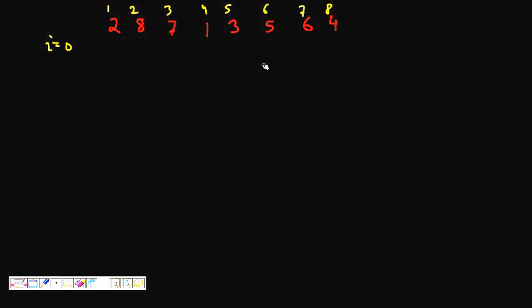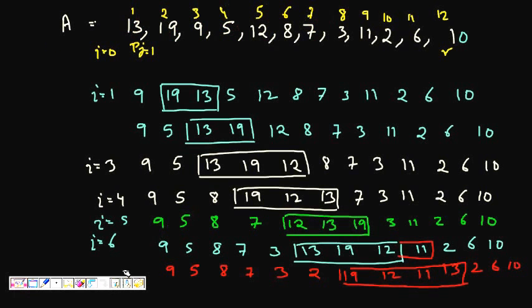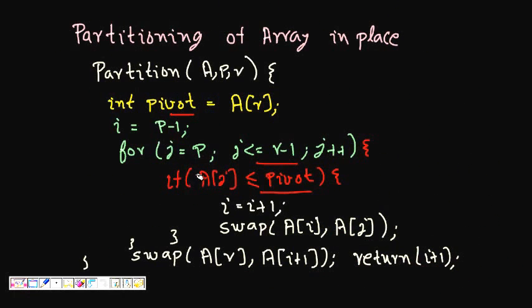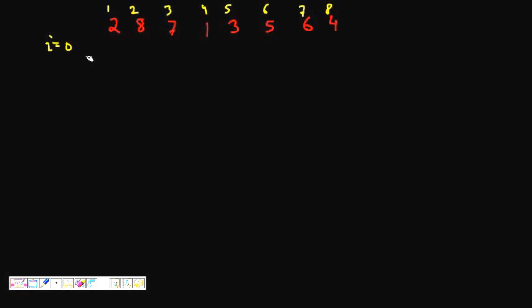It checks if A[j] is less than the pivot element, then we increment i and swap A[i] and A[j]. Let's see what this does. i is 0 initially, we start from j equal to 1, and we want to partition such that on the left side everything is less than the pivot. Here p is 1 and r is 4.